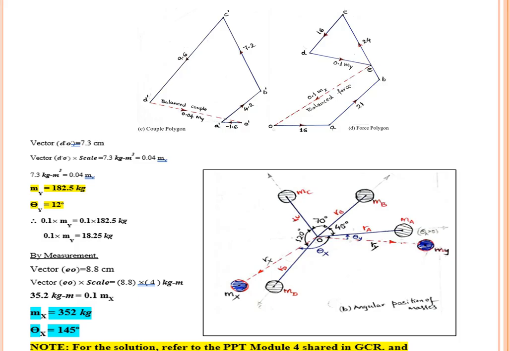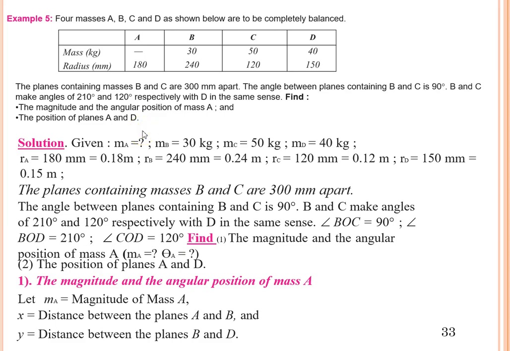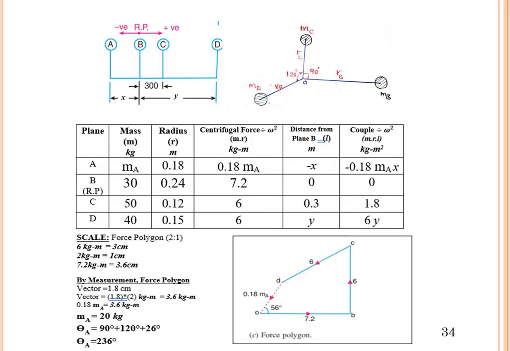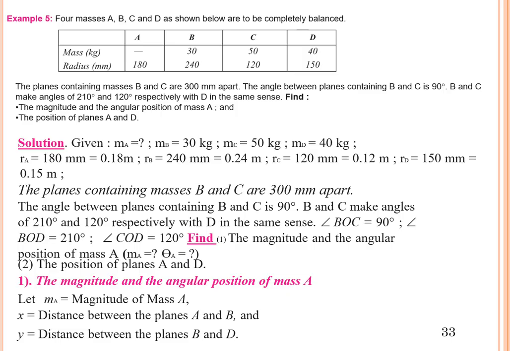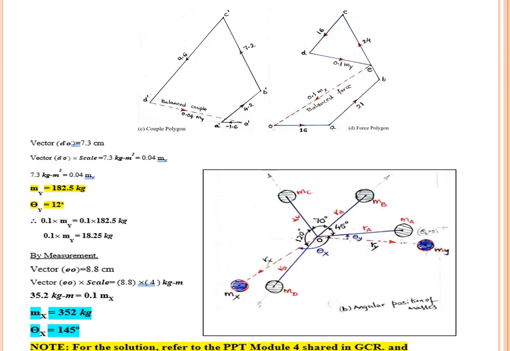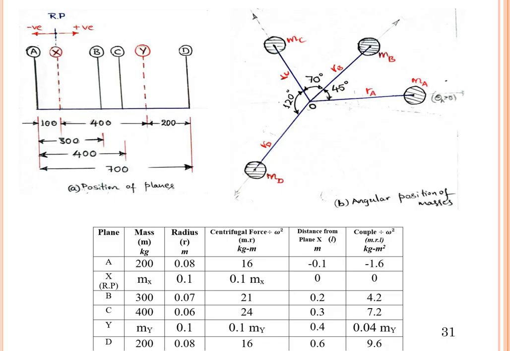But when you come to the couple polygon, here it is minus 0.1 mx. If you go to the previous slide, you will see minus 0.1 of mx into x, with the orientation given. So the first distance is minus 1.6.